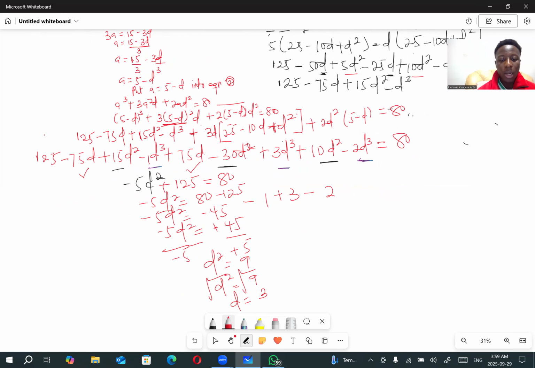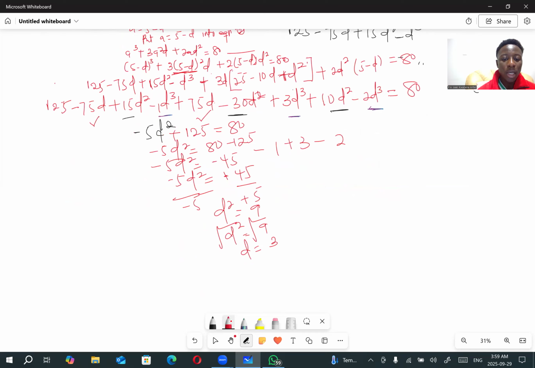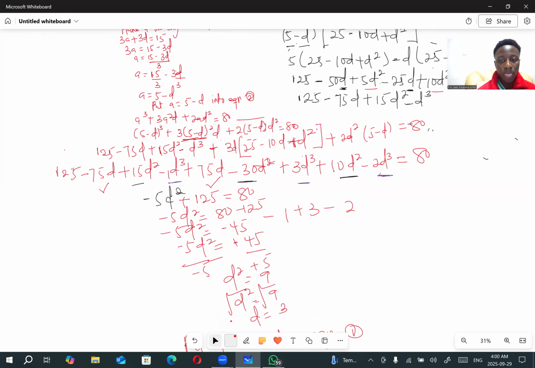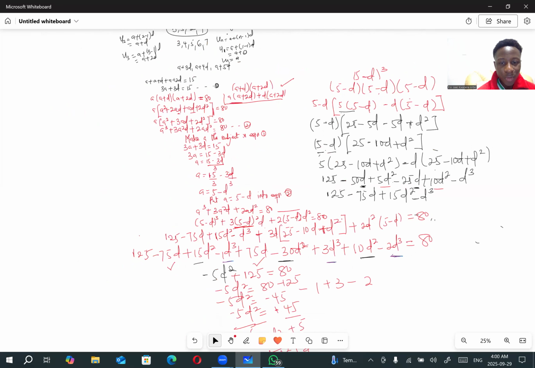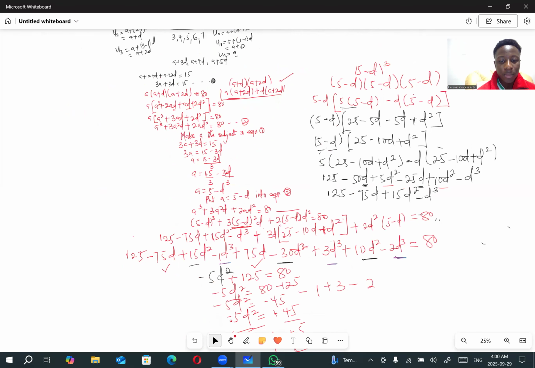Now that you have d, you can put it anywhere to get a. So put d equal to 3 into an equation. Let's look for a simple one. I think equation 1 looks simplest: 3a plus 3d equals 15.